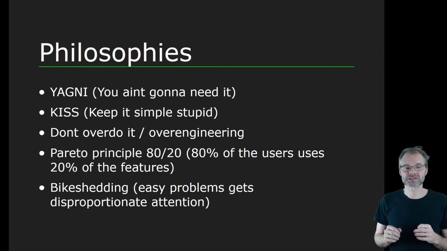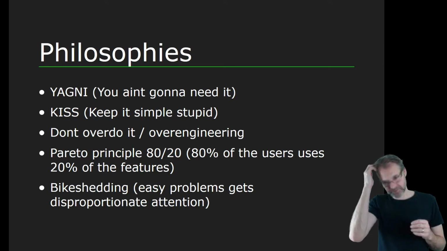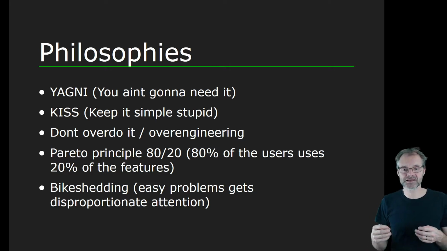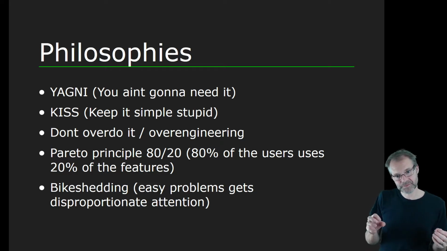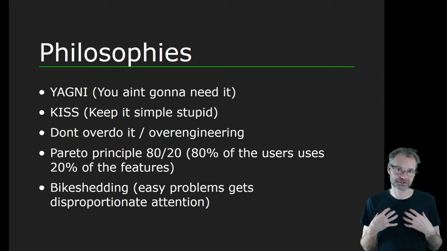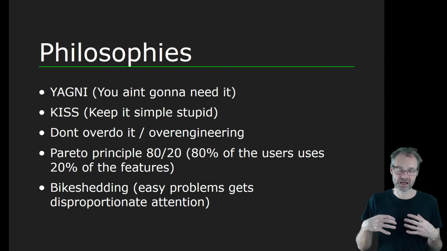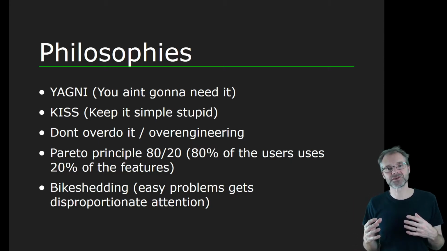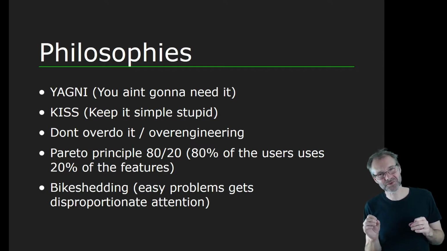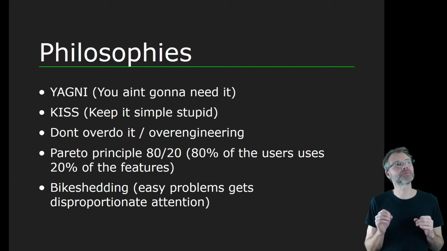The Pareto principle, or 80-20, is a generic principle, and it's saying something like 80% of our users, so the clear majority of all our users, will only use 20% of our features. That really makes sense if you think about it.